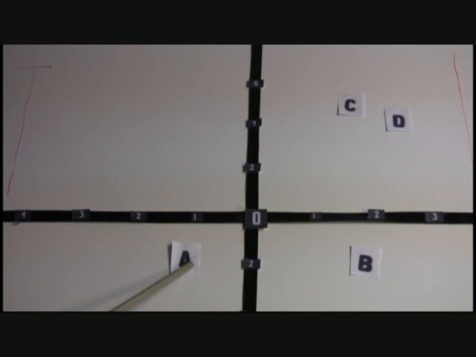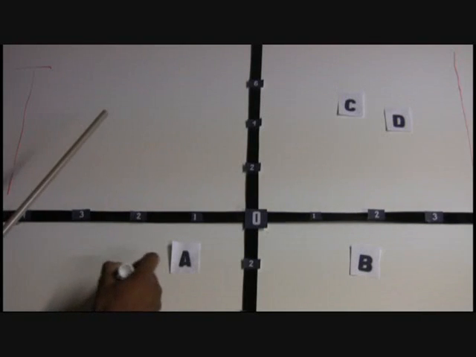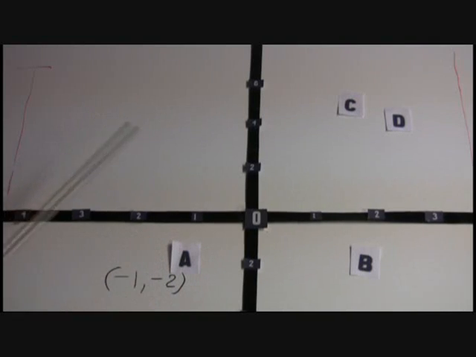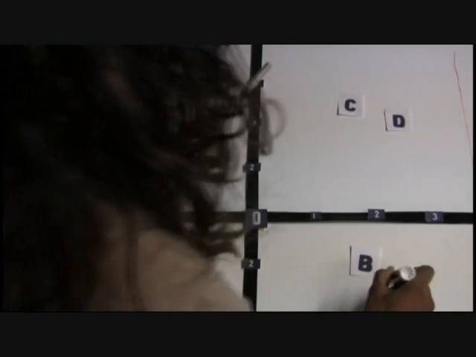So point A is -1, -2. Point B is 2 units to the right of the origin and 2 units below. So point B is 2, -2.